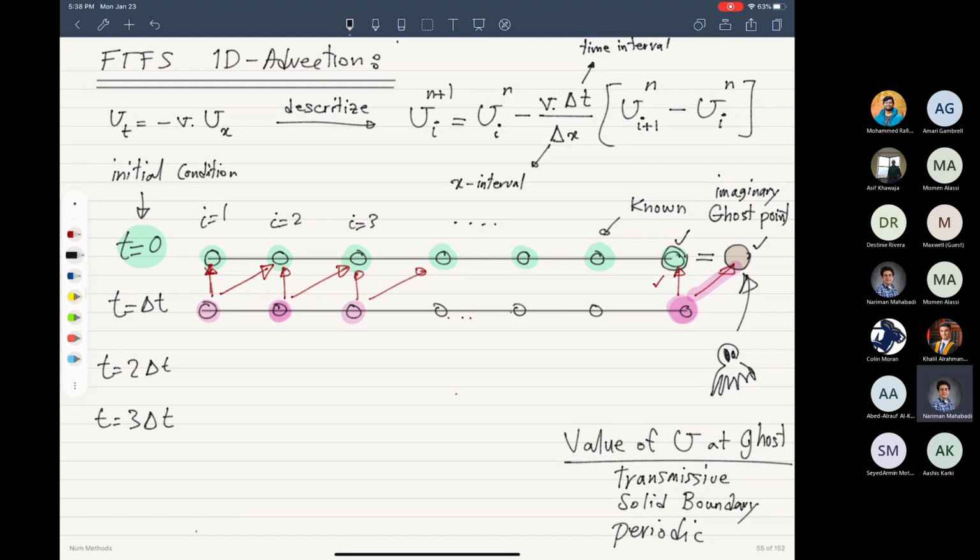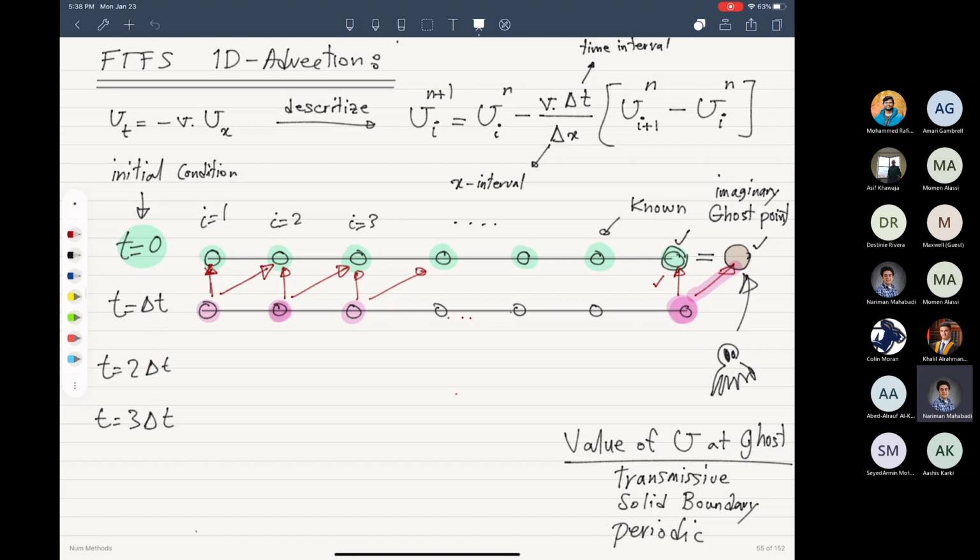And then once you found all the values for t equal to delta t, then what is next? Moving to the next time interval, right?